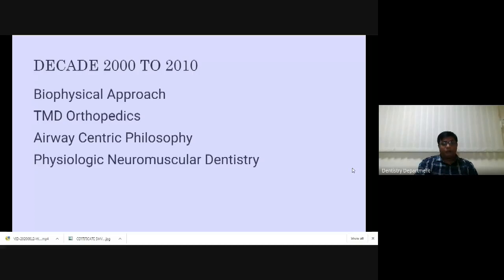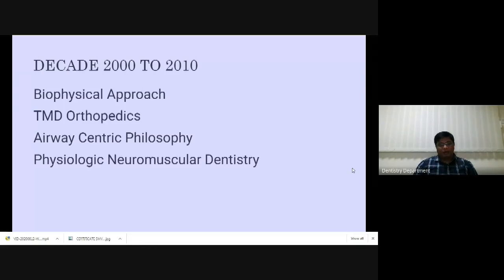TMD orthopedics is people who believe in splints, different kinds of splints: anterior biplanes, posterior biplanes, full splints, etc. They believed that only this therapy would cure TMD, and there is not much evidence for that. Then came a fascinating philosophy called the airway-centric philosophy.